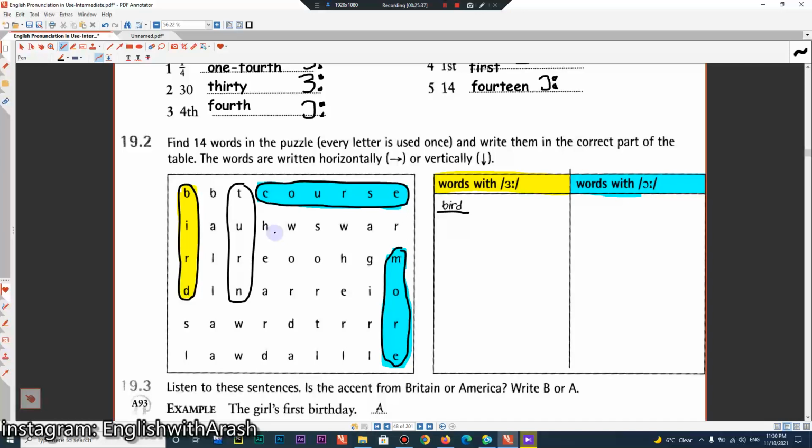More blue. Yes, more blue. What else? Word yellow. Where is word? Ah, yes. Word is yellow because it has the E sound. And also turn. Yes, turn is yellow.